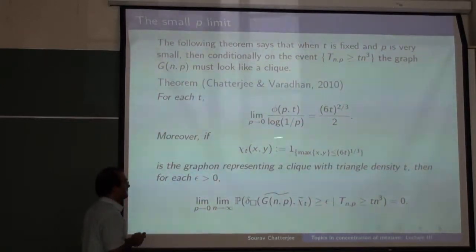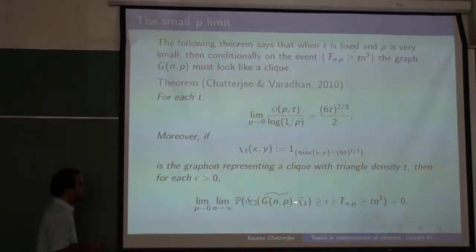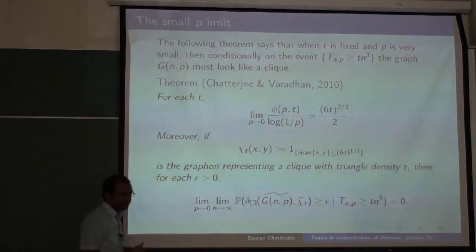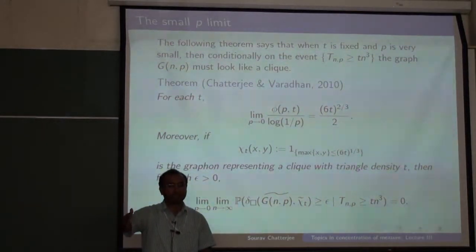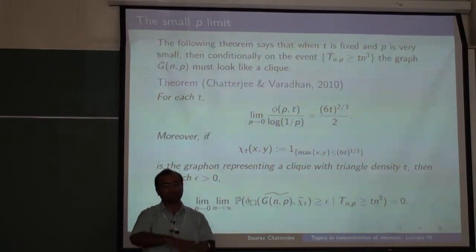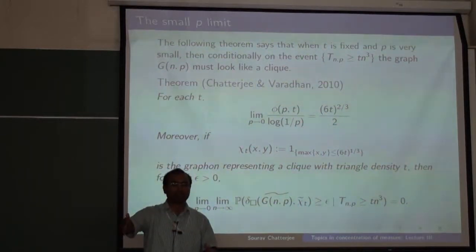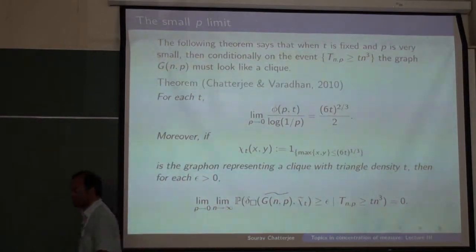This is a clique with triangle density t. Then if p is going to 0, this graph looks like that clique. So basically, if p is very small and t is much larger, then you would expect that given that you have density of triangles t, they're all coming from a clique. But that's a very crude result. At least it shows what the optimizer might look like.